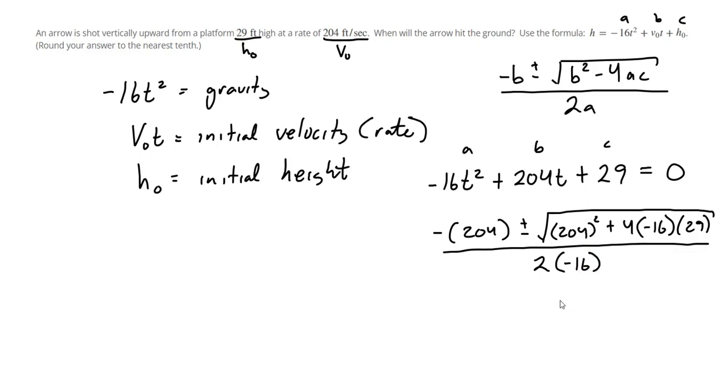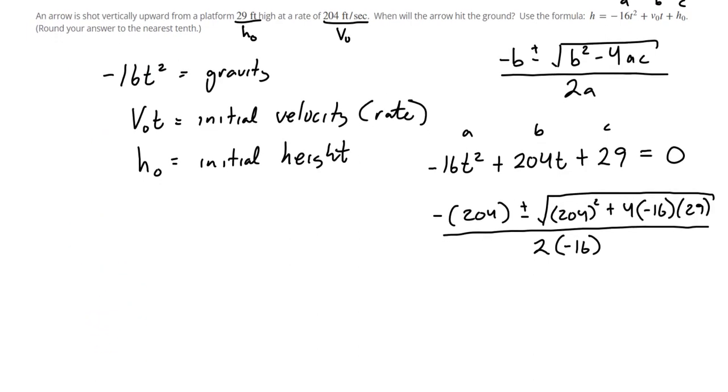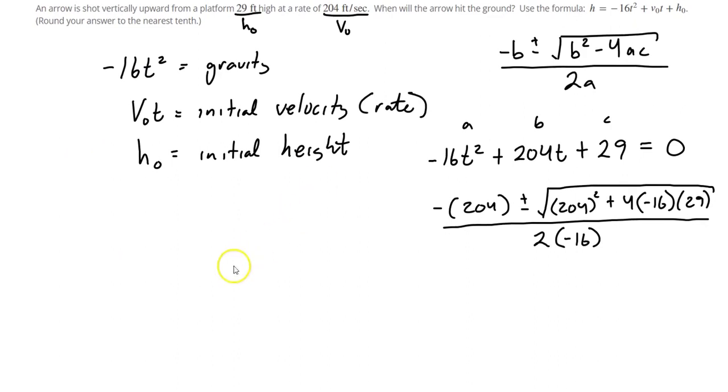Okay, so I'm going to write this in red so you see what's happening here. Let's scroll down just a little bit. You've got a guy standing on a platform right here. Here he is right there, and he's got his bow.